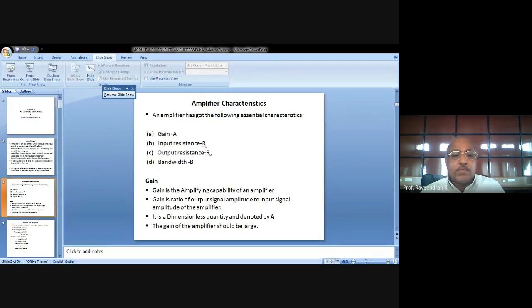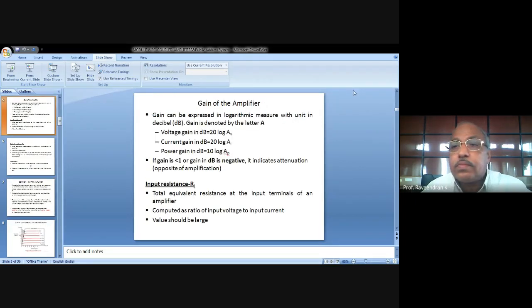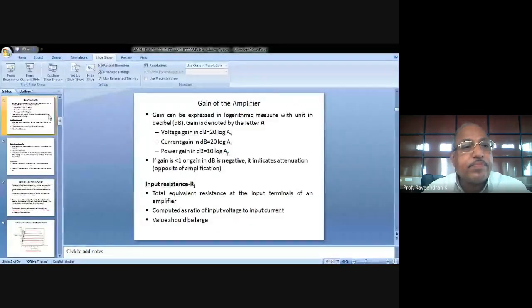The value of the input resistance of the amplifier should be very large. You will see why it is so. So input resistance must be very large.